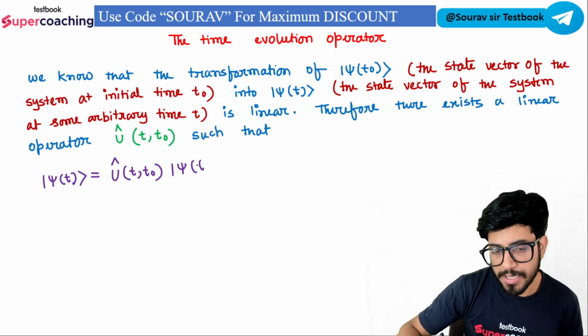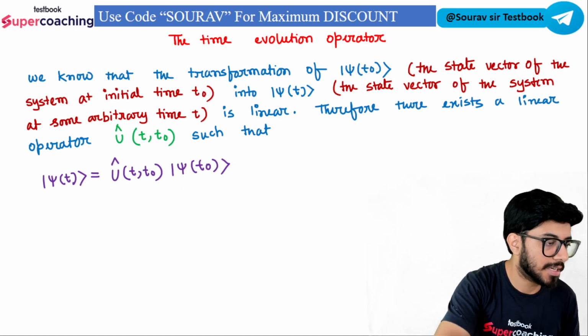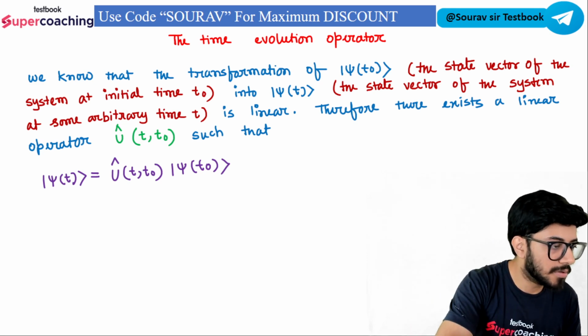That is, if your initial state is psi of t0, then operate this on it and you will get the state psi of t. Now we want to study the principal properties of this operator u of t comma t0.